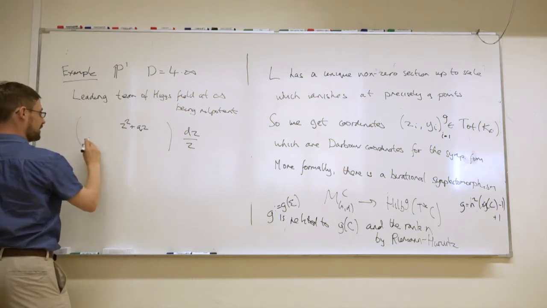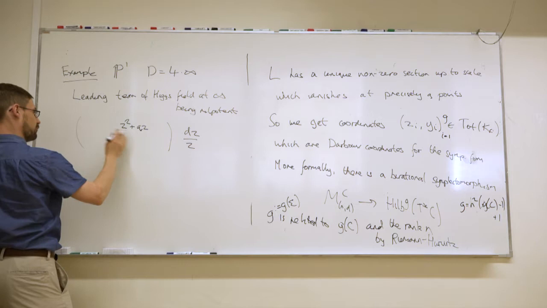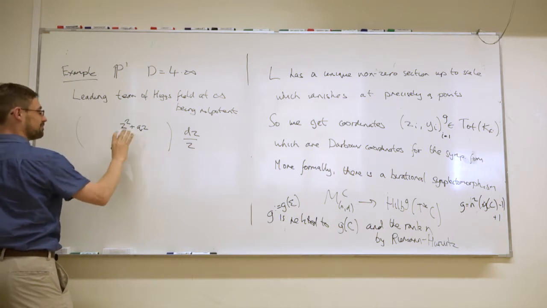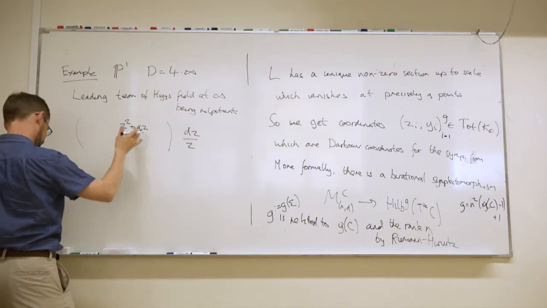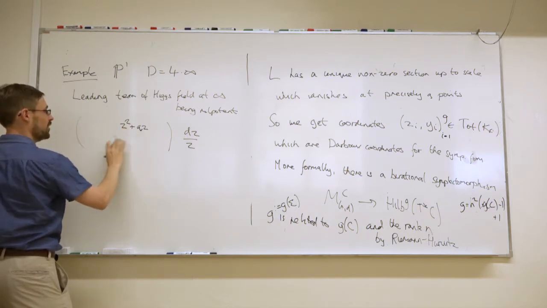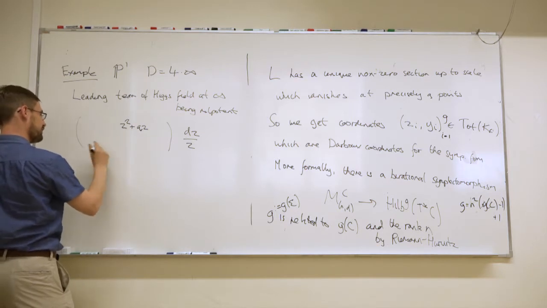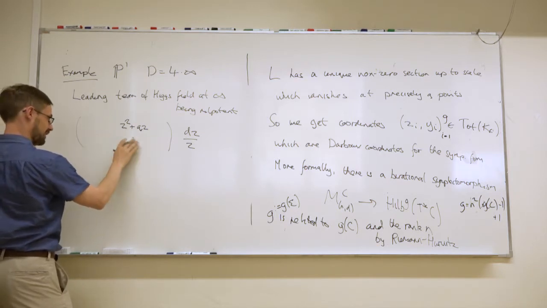Everywhere else has to have a 0, and the freedom of conjugation by Möbius maps on P1 allows you to eliminate a few more terms.